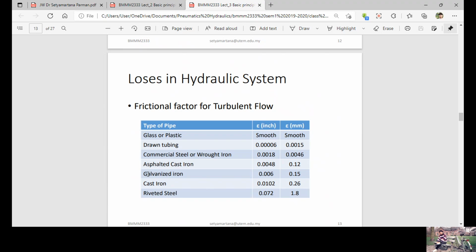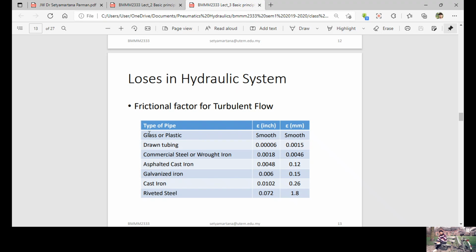And then, for example, galvanized iron is 0.15 in millimeters and 0.006 in inches. Riveted steel, epsilon is equal to 1.5 in millimeters and 0.072 in inches.